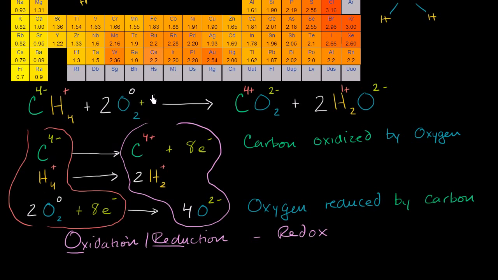If you added all of this up on the right, you would have the plus 8 electrons on that side as well. So the 8 electrons, you could say, let's take them away from both sides, and you would get your original reaction. And so I'm going to leave you there. This is a very, very powerful tool in chemistry because it really helps us think about what's actually going on inside of some type of a reaction.